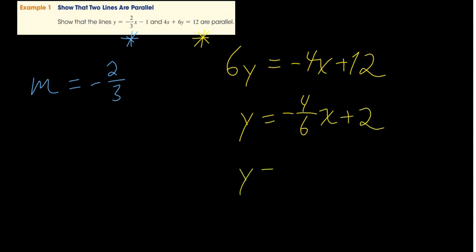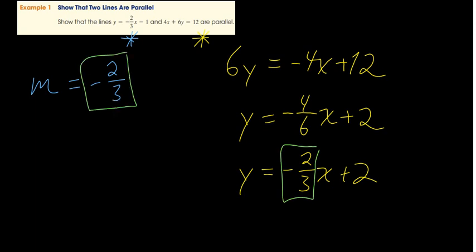Then we've got y is equal to negative 2/3 x plus 2. Okay, and then notice how the slope is negative 2/3, the same as the first slope. And that's it. We just showed that these two lines are indeed parallel to one another. Okay, pretty easy stuff.